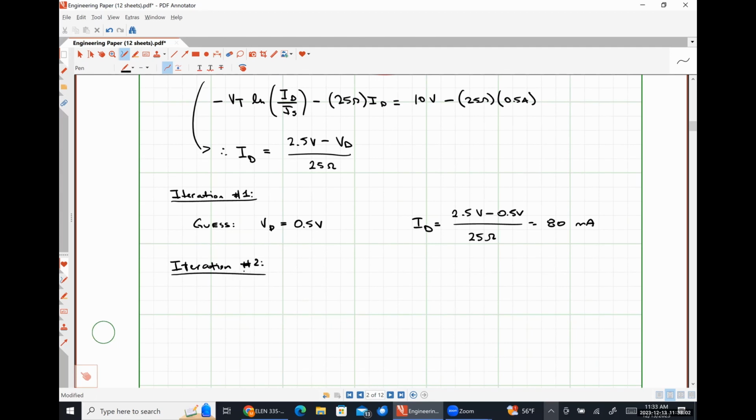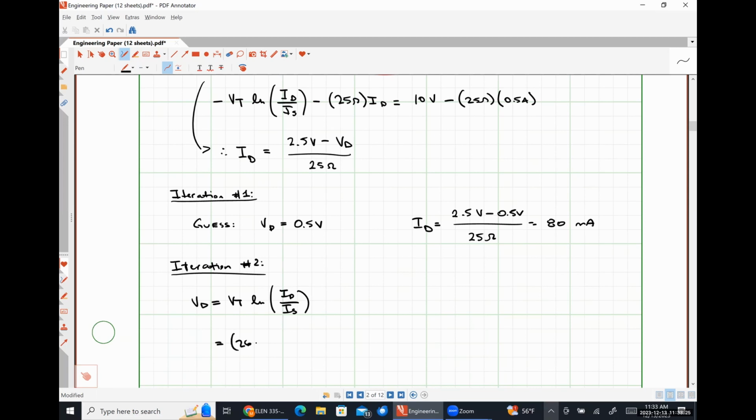And so now for our second iteration, we're going to use that ID is equal to 80 milliamps to back solve for VD and see how far we were off, right? So VD is our thermal voltage VT times the natural log of ID over IS.